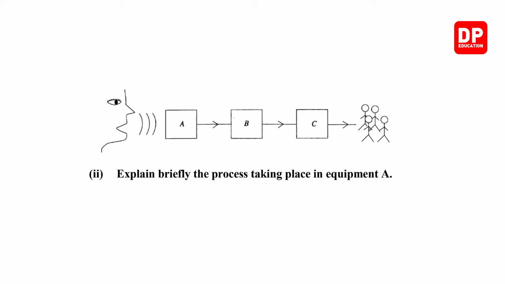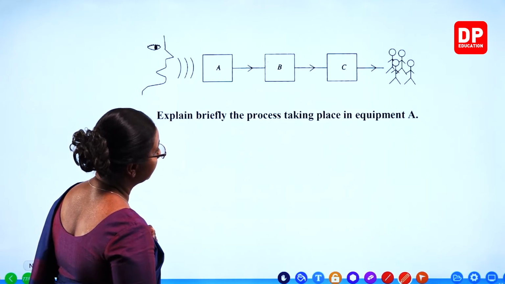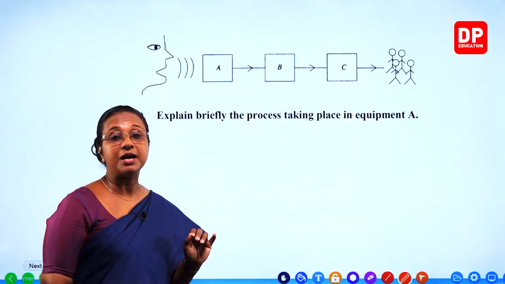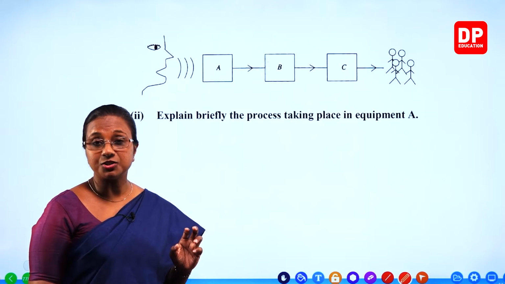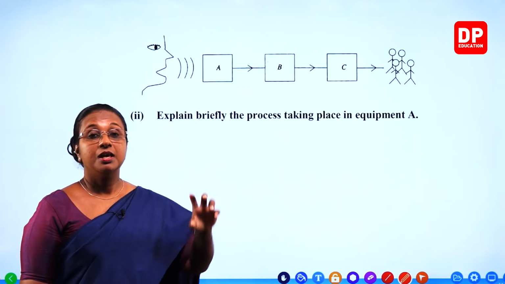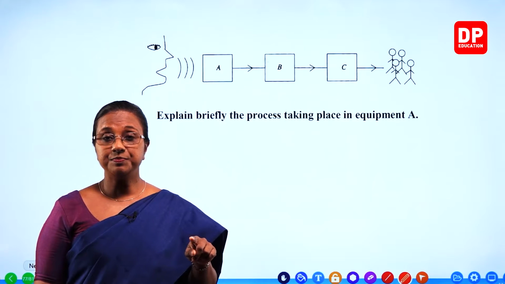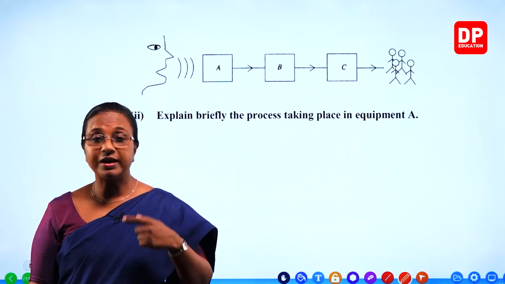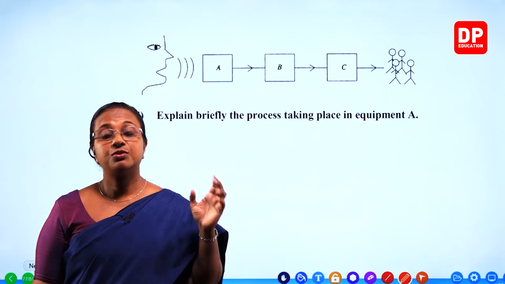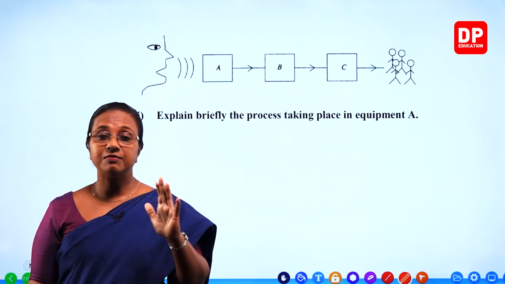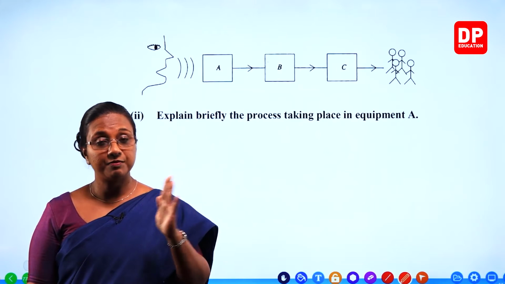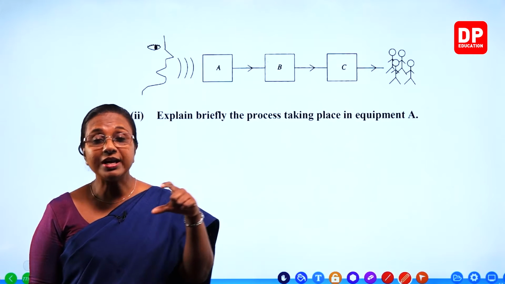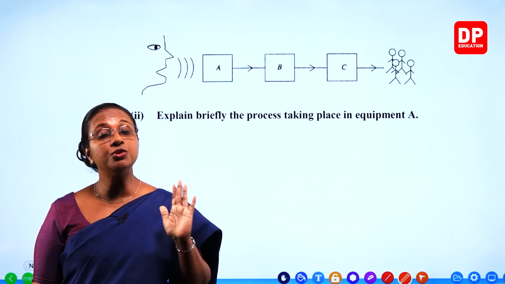The second one, explain briefly the process taking place in equipment A. Now, equipment A is the microphone. You are familiar with the structure of the microphone, students. There is the diaphragm. Then inside you have the magnet and there is a coil around it. So what happens when the sound waves are given to the diaphragm? The diaphragm vibrates. Due to the vibration of the diaphragm, the coil that is connected also starts to vibrate.